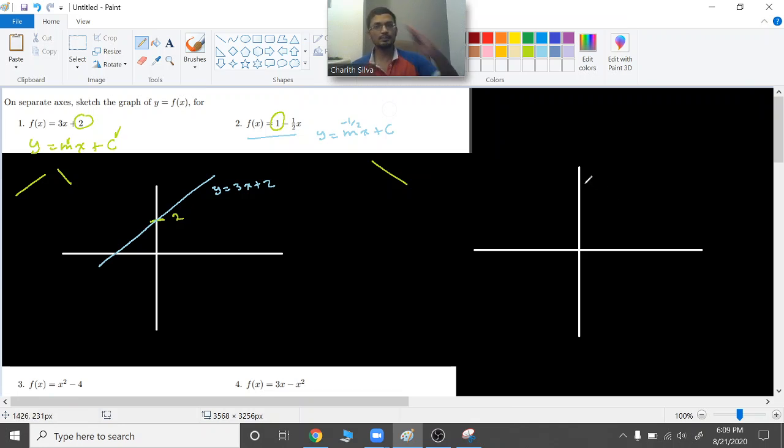So the graph should be of this alignment, and it should intersect the y-axis at positive 1. The only possibility is a line like this, with an intercept at 1. Also keep in mind that when you are drawing sketches, it's good practice to label the axes x and y.